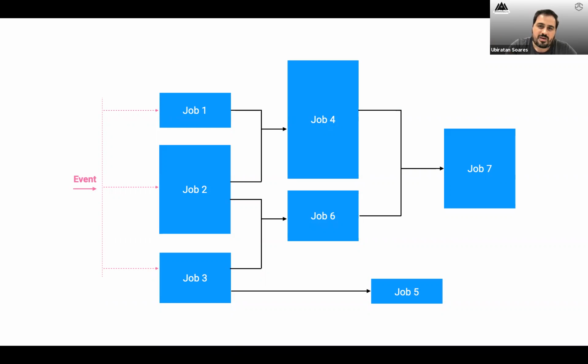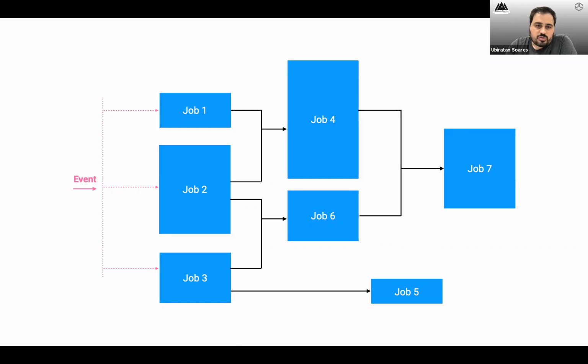Eventually, a job is waiting for the execution of a previous job or more than one previous job, you know? And then we have this kind of architecture that we call topology, right? A workflow topology or a pipeline topology.